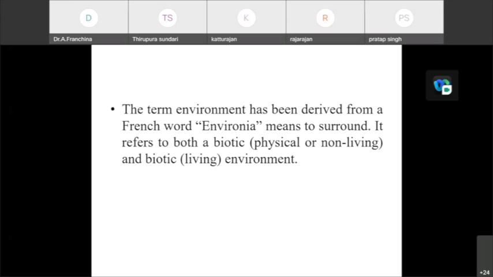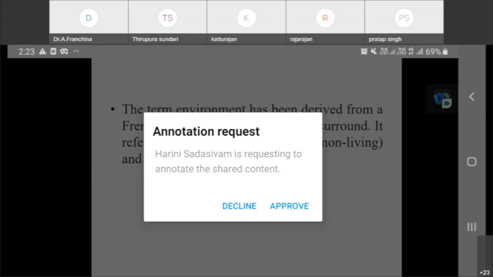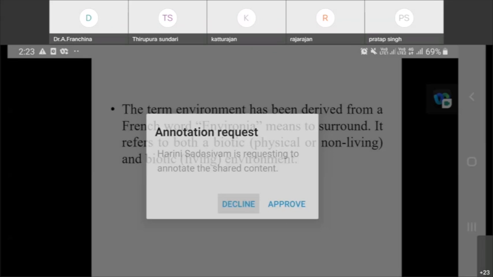We can classify that surrounding into two types: one is abiotic and the second one is biotic. So what is abiotic? Abiotic is nothing but non-living.